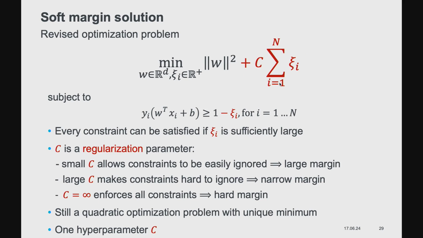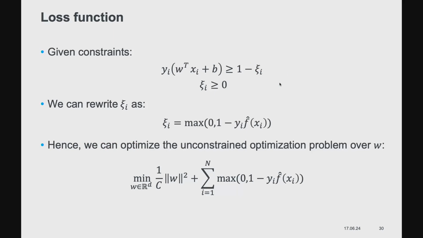We would add to the punishment, but we would also subtract from the punishment, and we would lose what we actually intended to do. So that's not possible here. We cannot subtract from the punishment. So this is a constraint that all the points are beyond the support vectors other than the ones that violate this, but this violation gets punished.